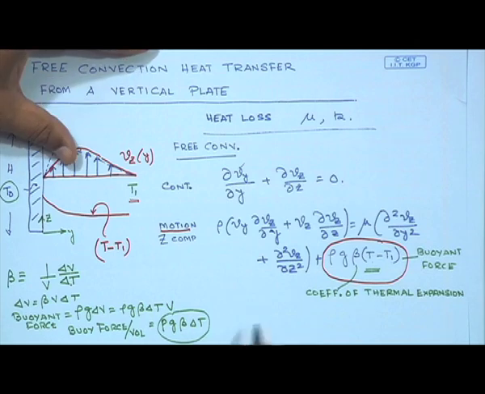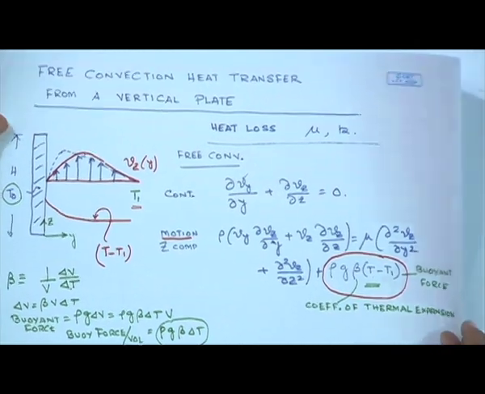So, fundamentally I am not doing anything new, I am simply substituting the expression of the buoyant force as the body force term in the equation of motion. Now, with this equation of motion in place, we are in a position to write the equation of energy as well.